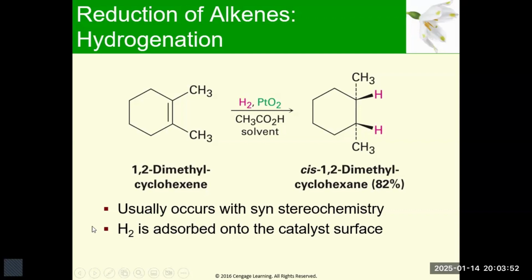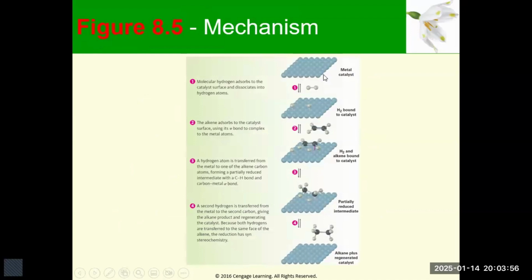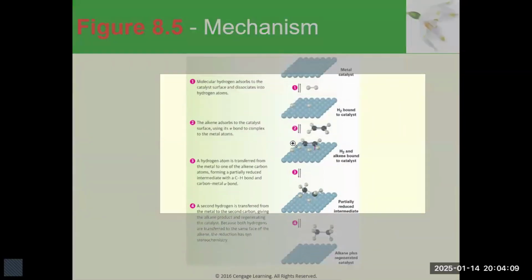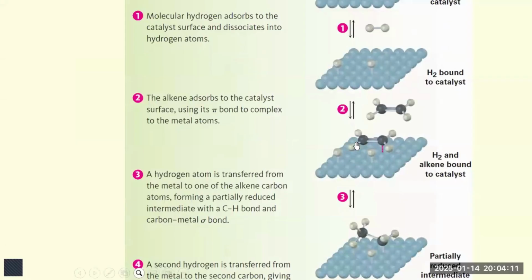And how this works is the hydrogens are being absorbed into the catalyst. And so the hydrogens are kind of sitting and floating on this. And so the alkene comes in, if you will, and it is going to kind of float over it, picking up the hydrogen.